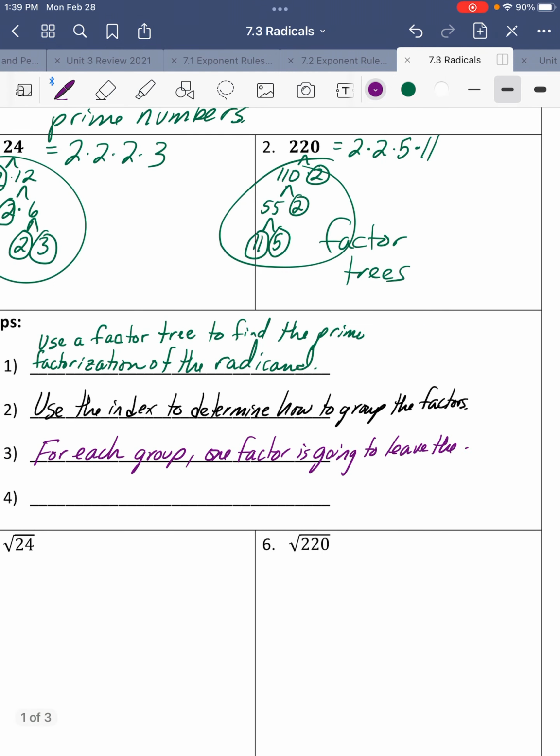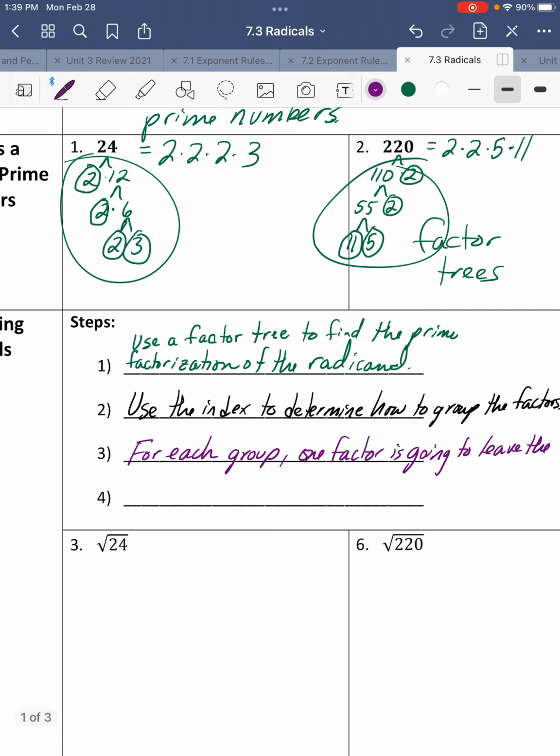And I will explain that more as we're working through. The others stay underneath the radical. Lastly, multiply the outside factors together and multiply the inside factors together. So that is our last step.